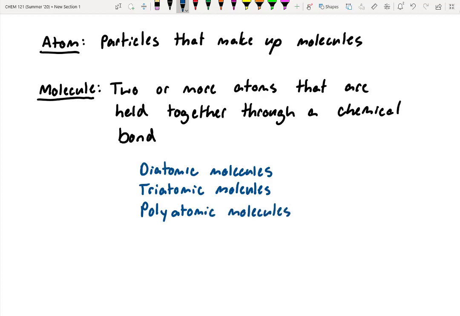And as you can probably imagine, a diatomic molecule is a molecule that is made up of two atoms. That's what the prefix di stands for. Triatomic has three atoms. And polyatomic has more than three.